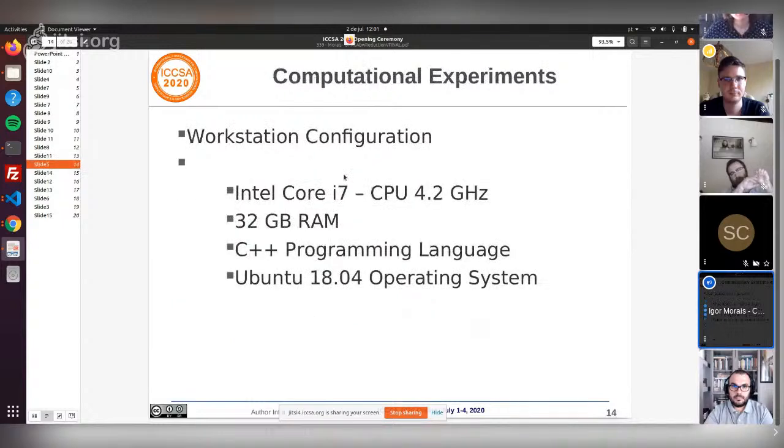For the computational experiments, we used a Core i7 with 4.2 gigahertz and 32 gigabytes of RAM. For the language, we used C++ and the framework for the BRKGA from Toso and Resende.